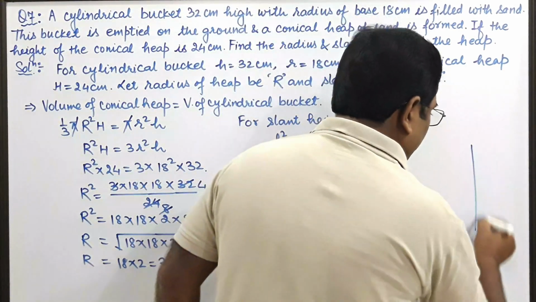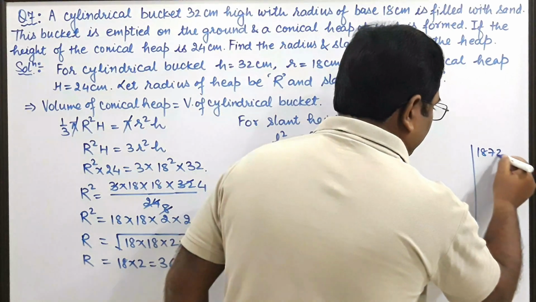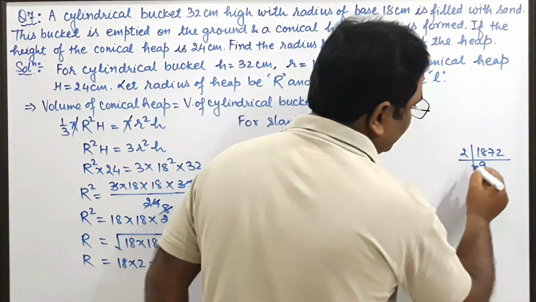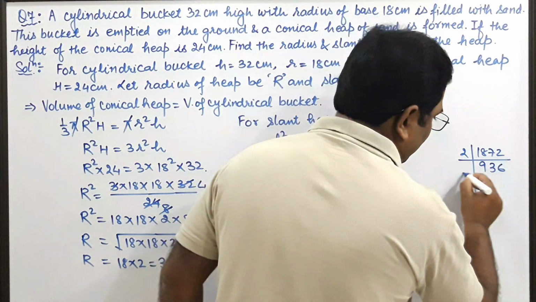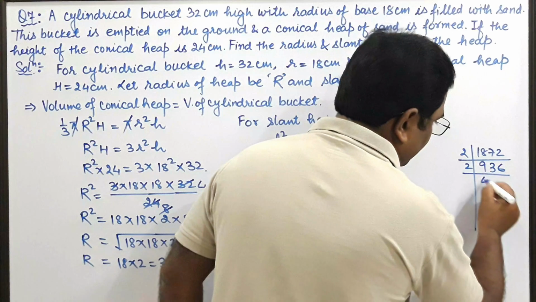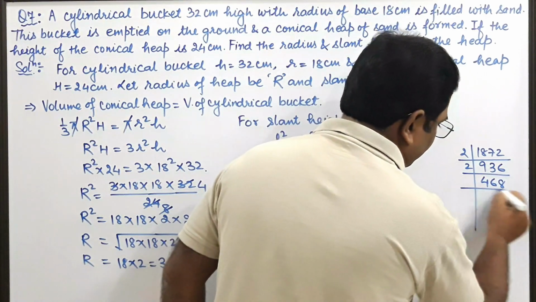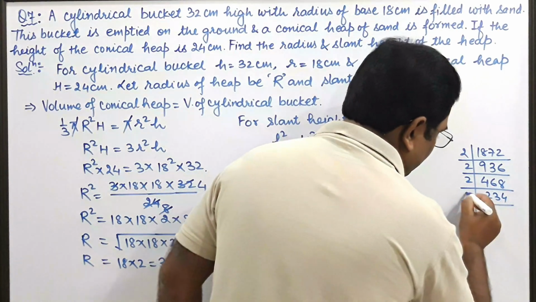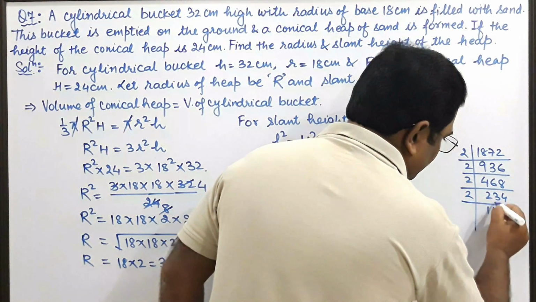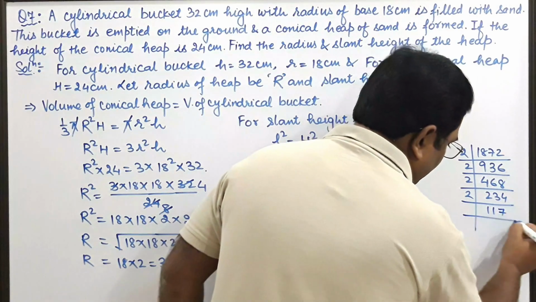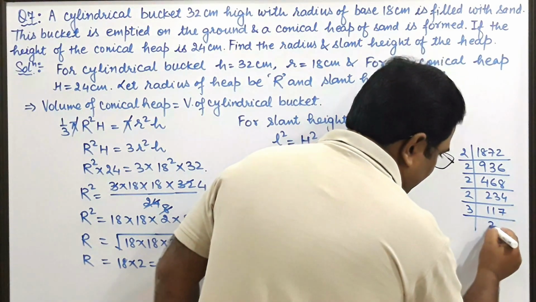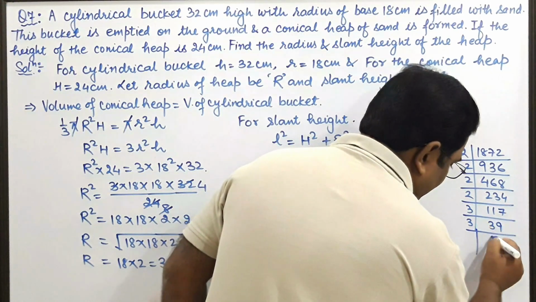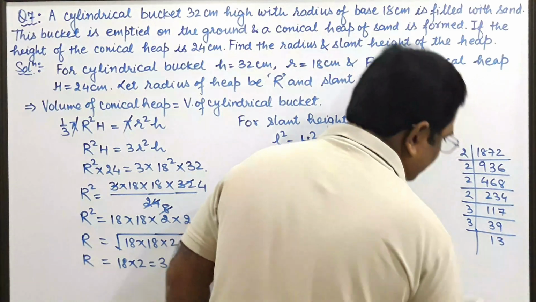So this number 1872, which is 2 9s are 18, 2 3s are 6, 2 6s are 12, 2 4s are 8, 2 6s are 12, 2 8s are 16, again by 2, 2 2s are 4, 2 3s are 6, 2 4s are 8, 2 1s are 2, 2 7s are 14, by 3, 3 3s are 9, 3 9s are 27, 3 1s are 3 and 3 3s are 9.